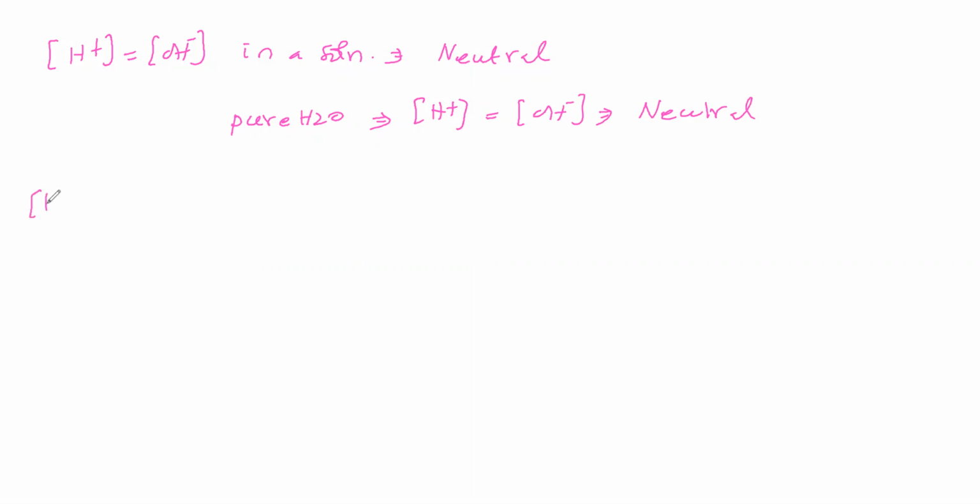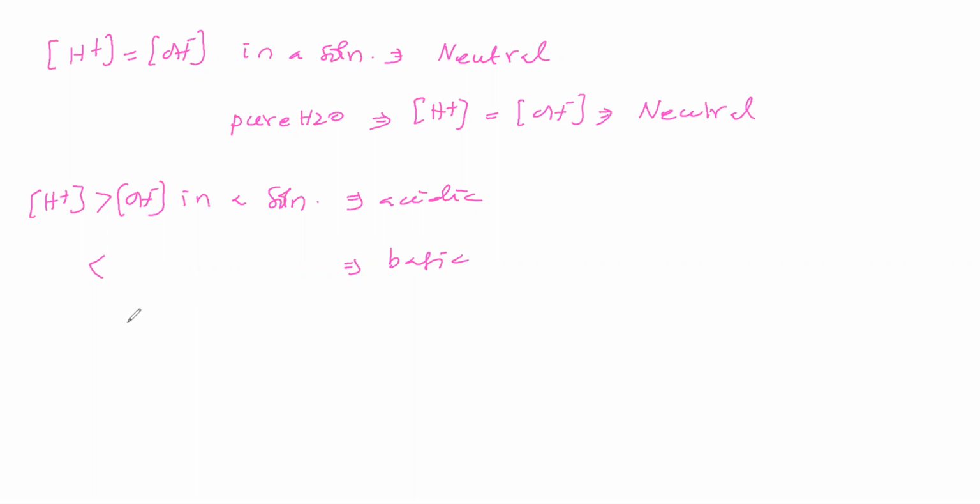If the concentration of H plus is greater than the concentration of OH minus in a solution, then we have to say that the solution has an acidic nature. If the concentration of H plus is less than the OH minus concentration in a solution, then we say it is a basic solution.